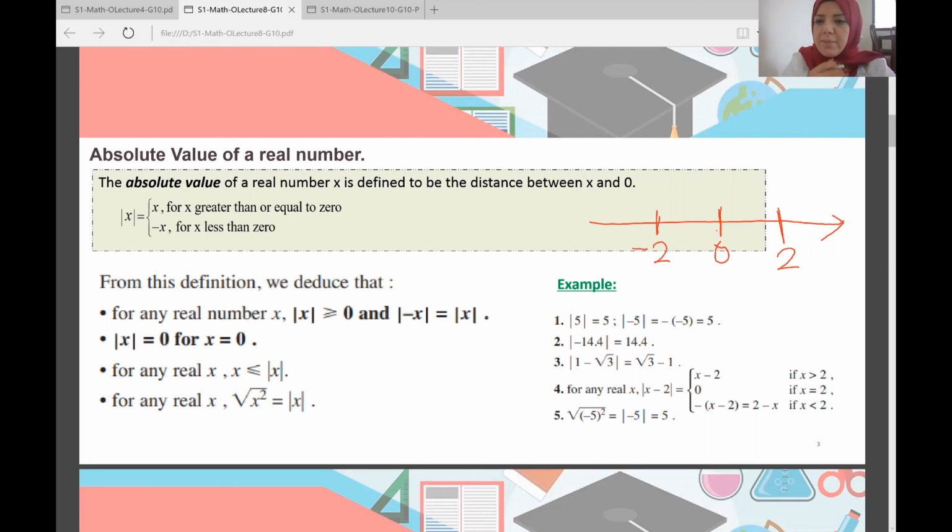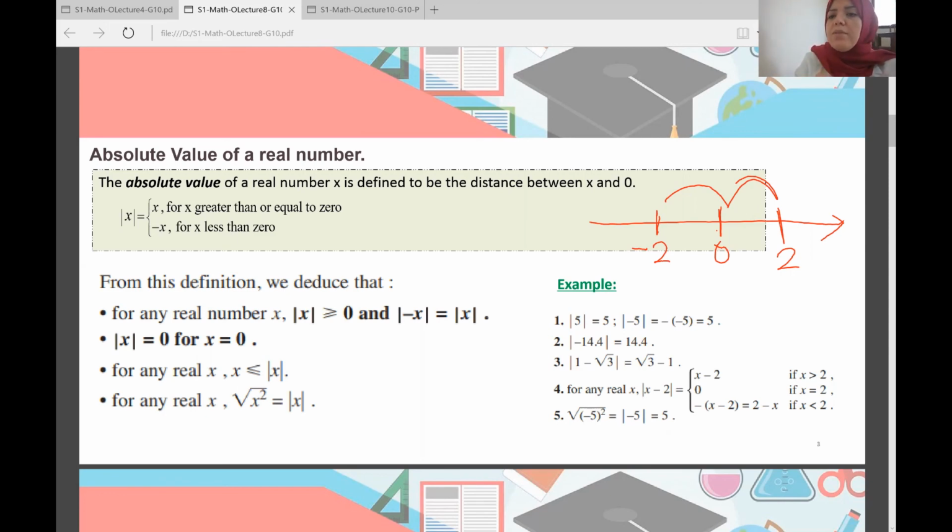You don't tell me that it's minus 2 because the distance cannot be negative. So you have to tell me also that the distance is 2. So that's why the absolute value should have a positive value. Why? Because it expresses the distance from 0 to this number. So we say that the distance in this case is 2.